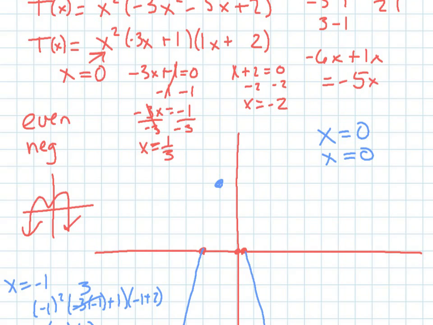So if you have an even amount of zeros at the same spot, that means that you're going to come to the x-axis, it's going to touch, and it's going to head back in the same direction that it came from. Okay? If it's an odd one, then that means it's just going to pass through. It's going to level out before it crosses, and as you get more zeros at that same spot, it's going to continue to level out closer and closer to your x-axis, but only when you get really close to it.